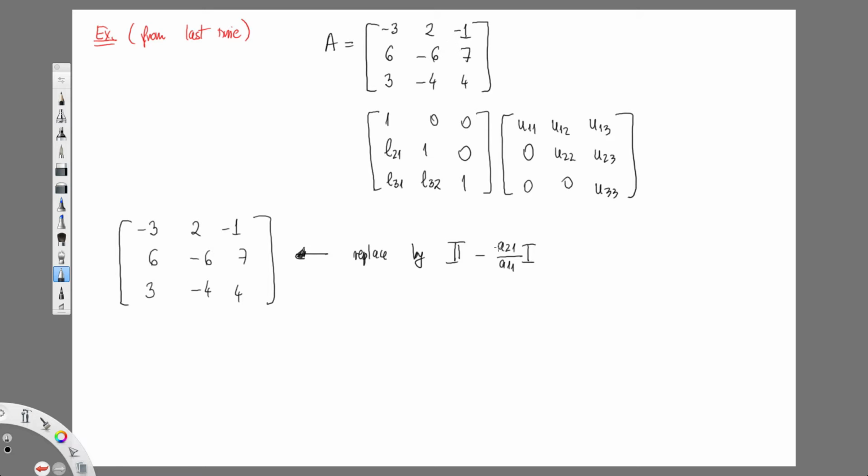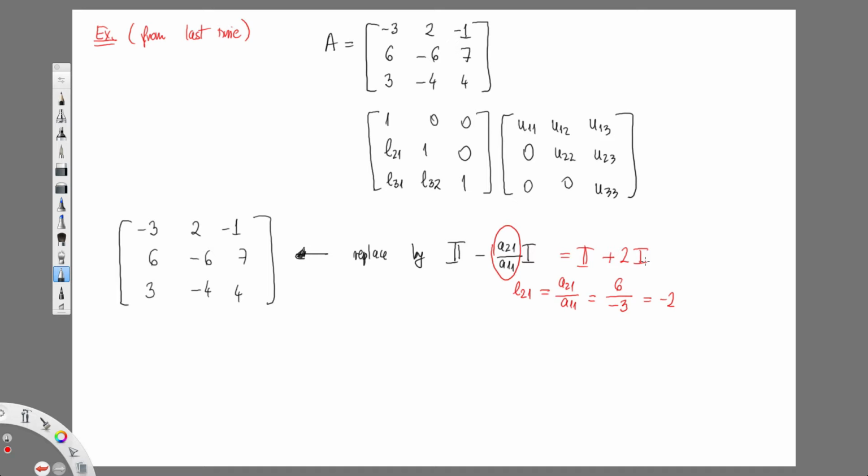And basically this here is going to be my L21. So my L21 is A21 divided by A11. In this case, it's 6 divided by -3, so it's -2. And this is basically 2 minus -2, it's +2.